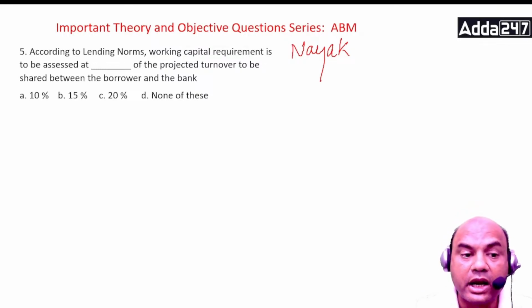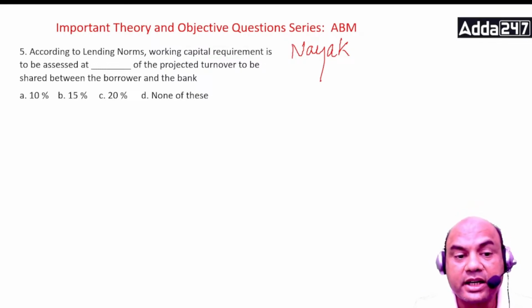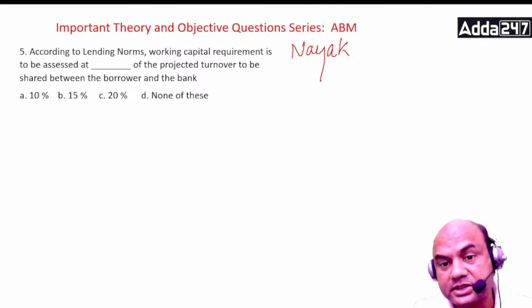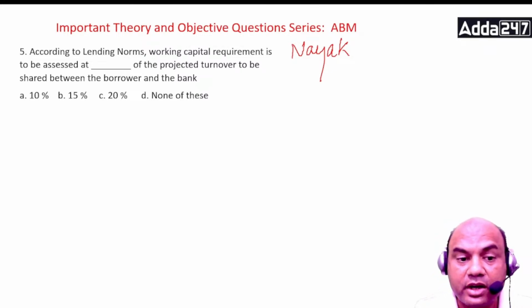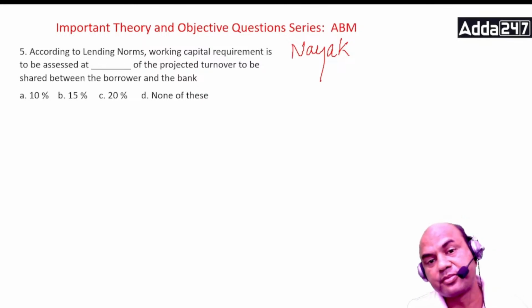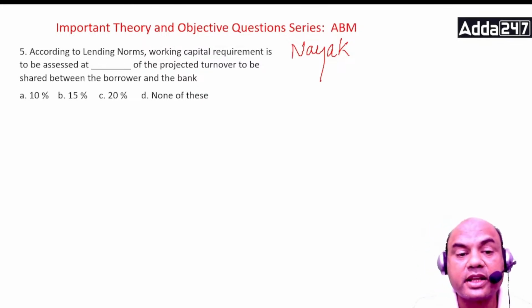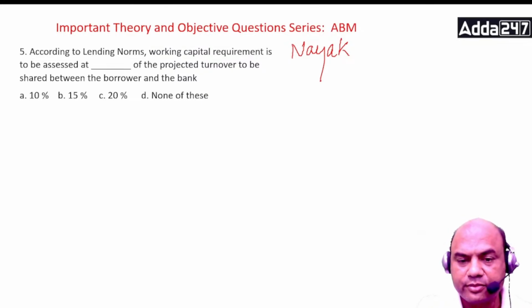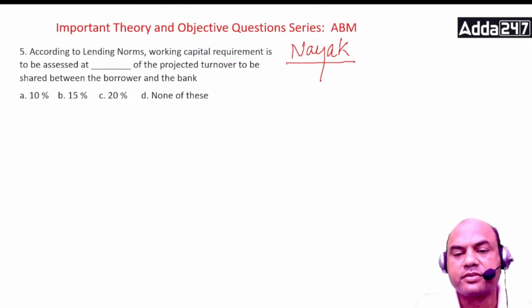So according to that, what is the percentage assessed by the NAYAK Committee? Is it 10, 15, 20 or none of these? This much percentage of working capital is required with respect to the turnover.